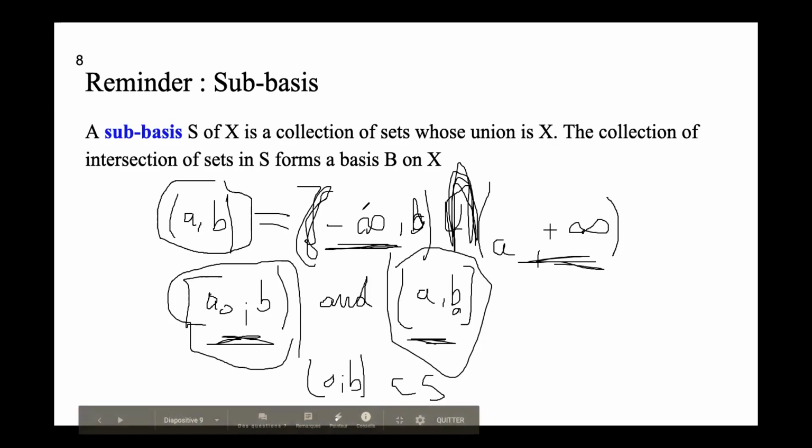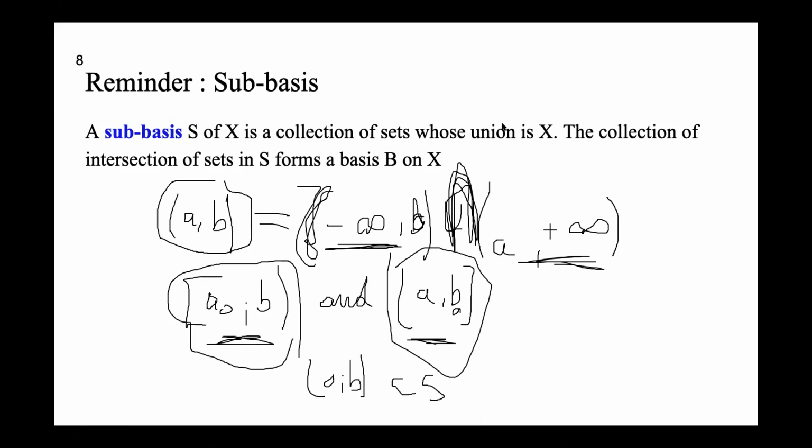Okay, wait. So S is a subbasis of X, right? So it is a collection of sets whose union is equal to X, and the collection of finite intersections of sets in S forms a basis B on X, right?